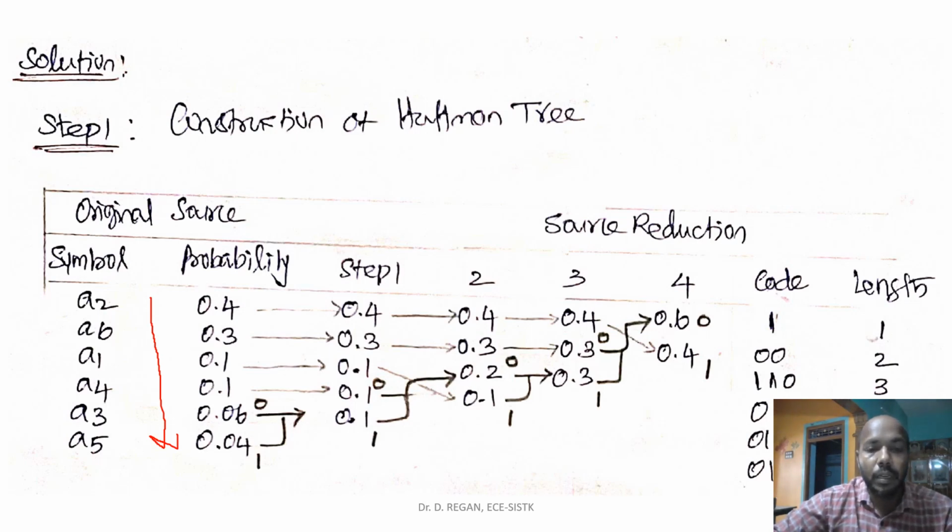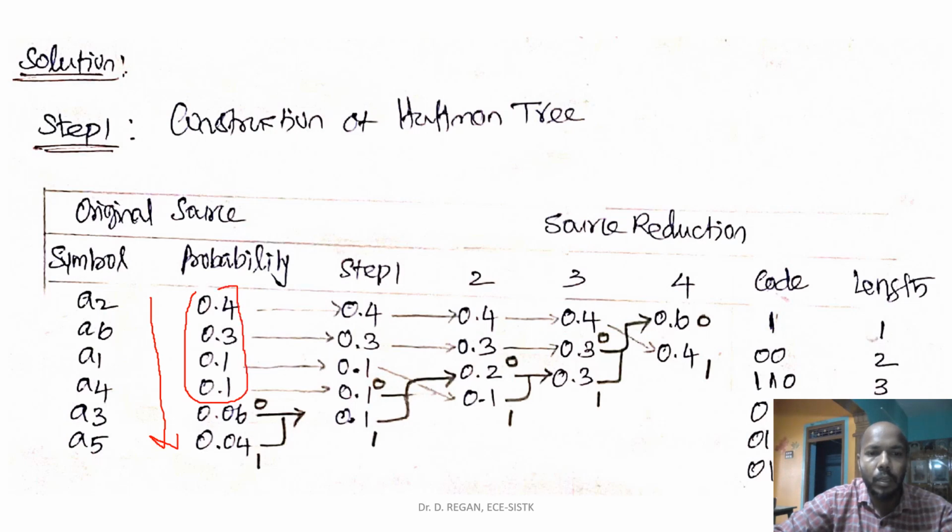By combining these 2 symbols, we get one new compound symbol. 0.06 plus 0.04 gives 0.1. When you make a new compound symbol, the probability values are added. Again we have to compare this probability value with the existing symbol values: 0.4, 0.3, 0.1, 0.1.